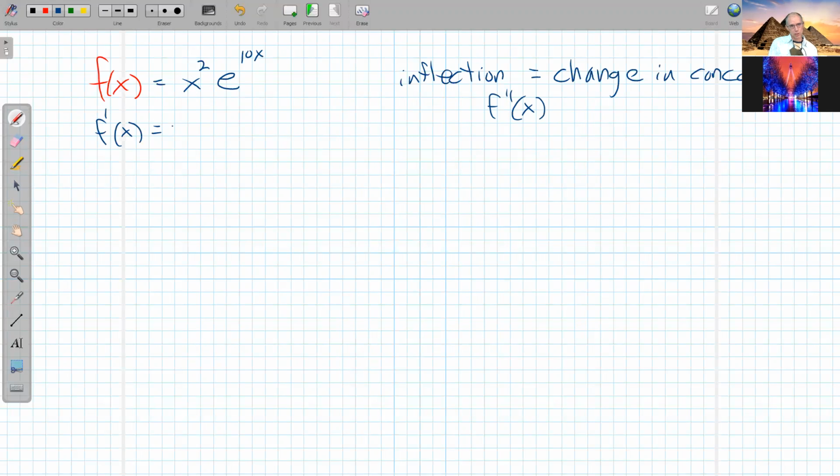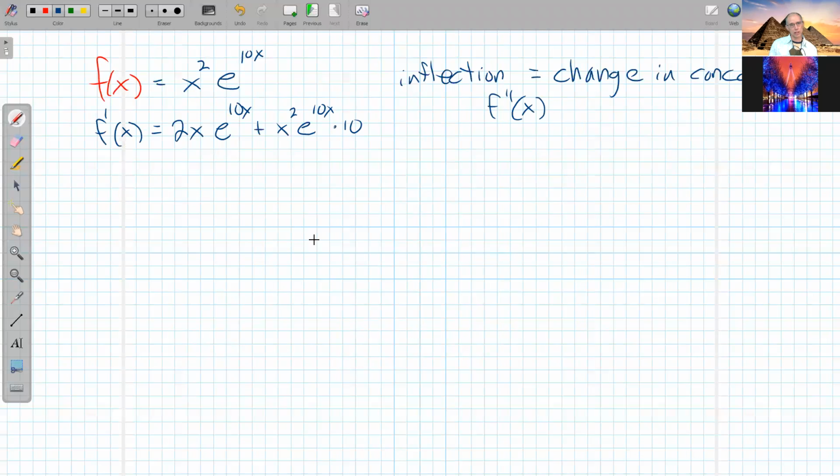take the derivative of the first function, 2x times the second, plus leave the first function alone, take the derivative of the second. So derivative of e to the whatever is e to the whatever, and then the derivative of 10x is 10. So I'll just call it e to the 10x times 10. And that cleans up a little bit.